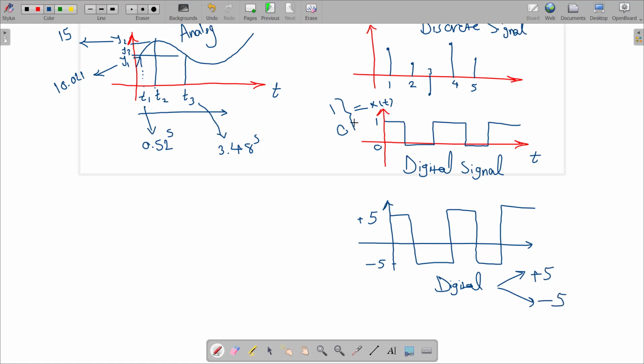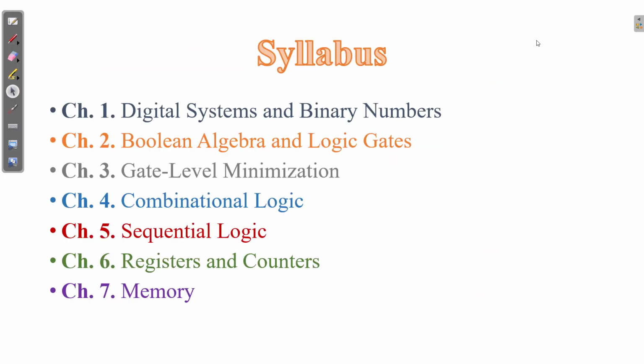So normally in electrical and electronics engineering, we call this one 5 volt, for example, 3.3 volt, for example, 12 volt, and this 0 as 0 volt. The important thing is that we always have just two values for it. Okay, now let's continue with our slides, and I will explain in detail what's happening.